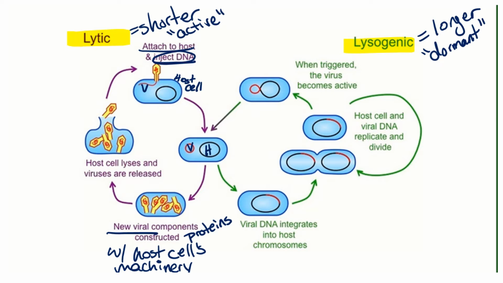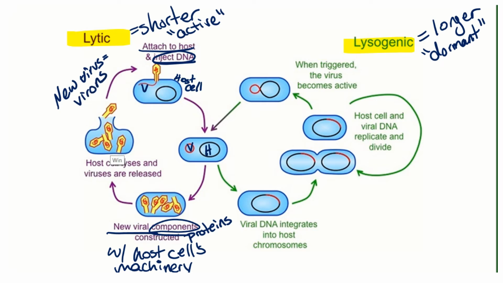Now, all of these proteins that are being developed are actually the components that are going to be used to make more viruses. Then, once it has enough of those components and starts to assemble those viruses, we call those new viruses virions.